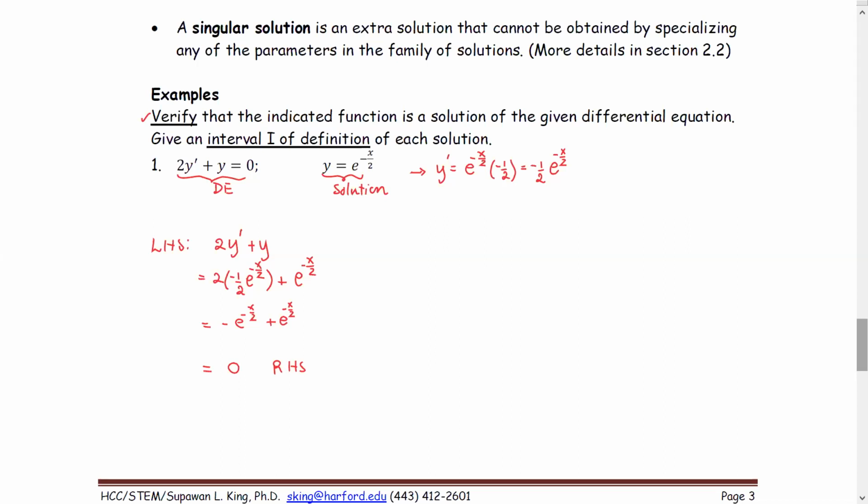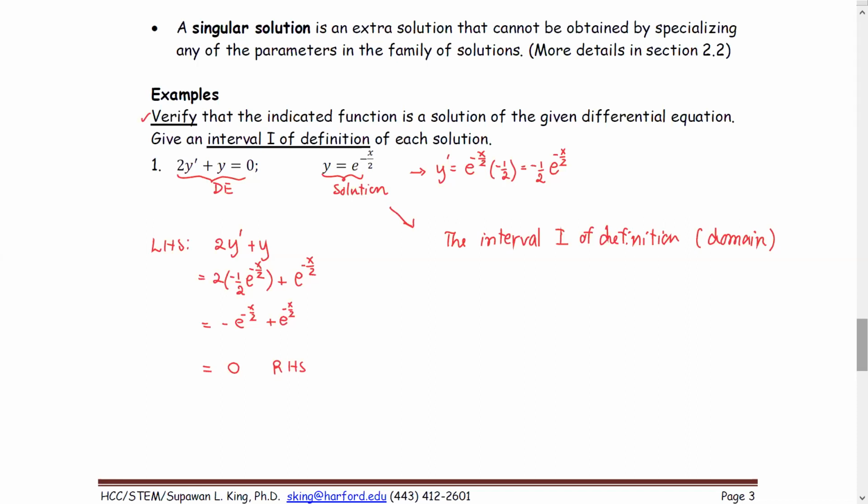Next part, given an interval I of definition. Basically, you are going to find the domain of the solution function. We know that the solution will be defined within the given interval.